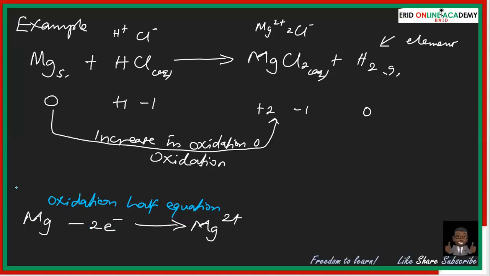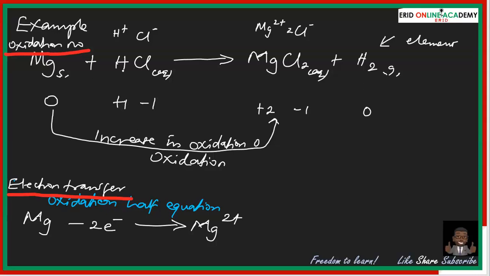So looking at it in terms of electron transfer, oxidation is loss of electron. This one is in terms of oxidation number. You can see, we can look at it in these two ways: in terms of electron transfer and in terms of oxidation number.